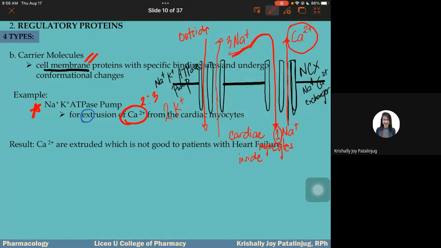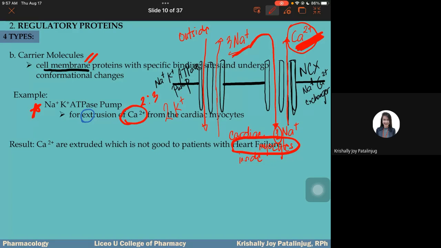The heart is already failing to pump, and it gets worse if the calcium ions keep going out. Remember, calcium ion is important for muscular contraction. Cardiac myocyte is an example of a muscle. Myo means muscle.